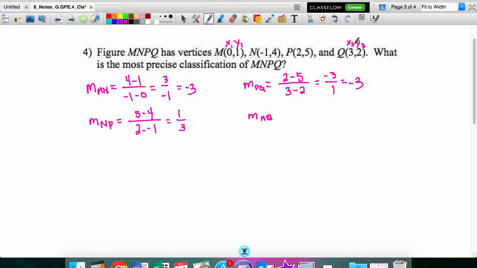And that's why it's important to label and keep them consistent with your slopes. y2 minus y1 gives us 2 minus 0. The denominator is our difference of x's, x2, 3, minus x1, 0. Simplifying gives us 1/3. So it looks like we have 2 pairs of matching slopes or 2 pairs of parallel sides. Let's check out our flowchart.